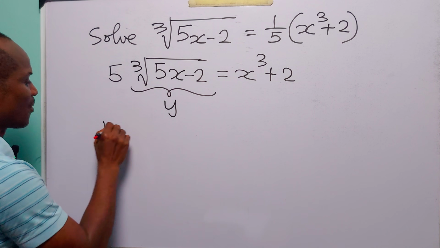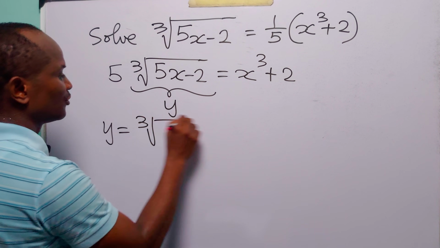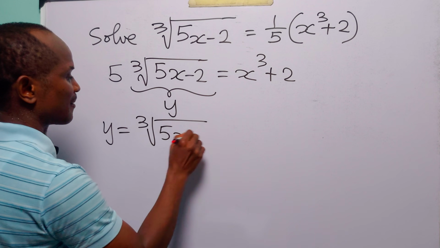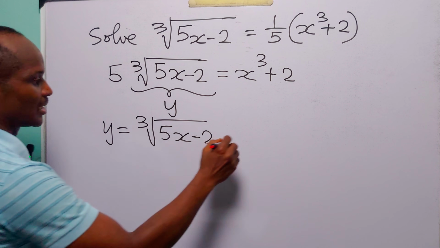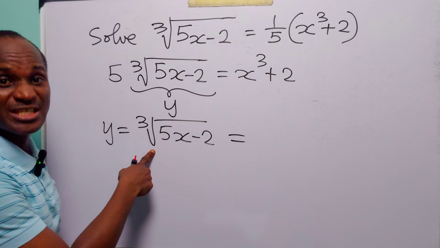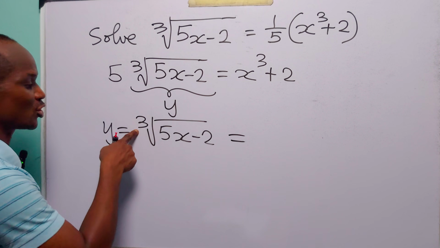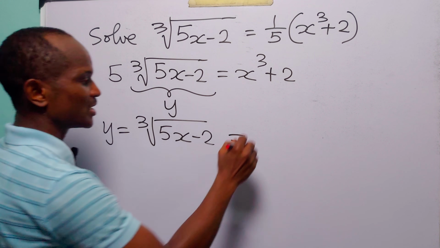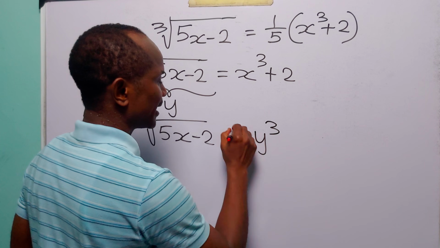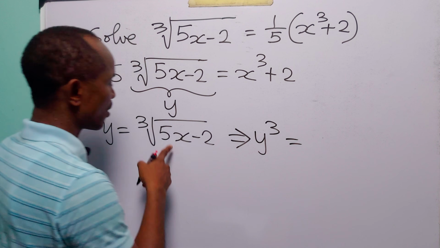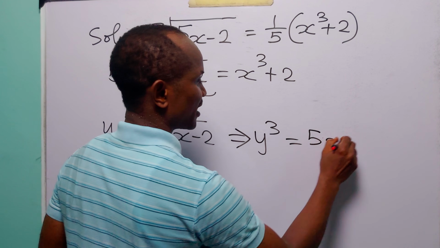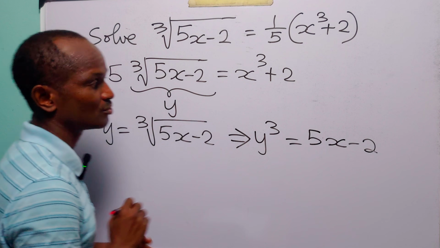So we have that y is equal to the cube root of 5x minus 2. Now, you know that to get rid of this cube root, what we have to do is to raise both sides of this equation to power 3. When we do that, we have that y cubed is equal to 5x minus 2.